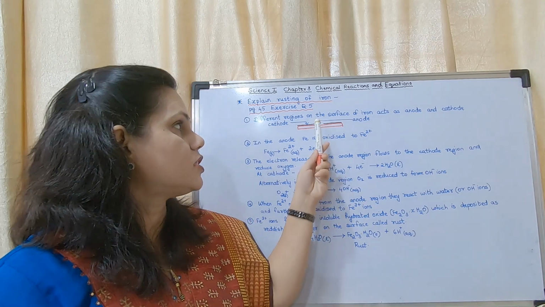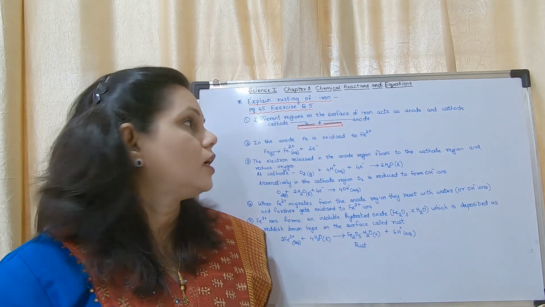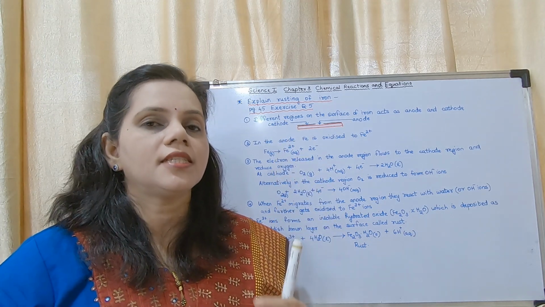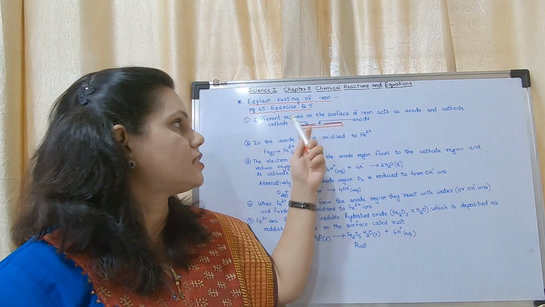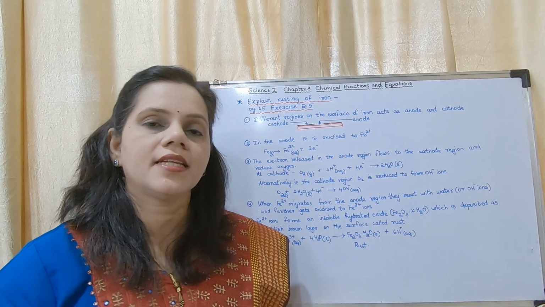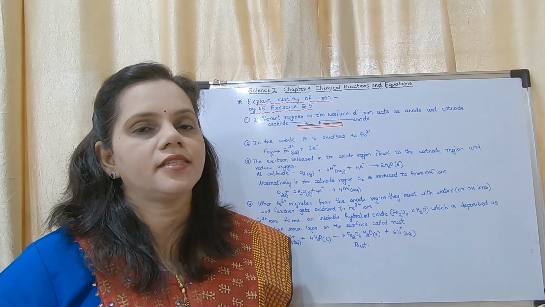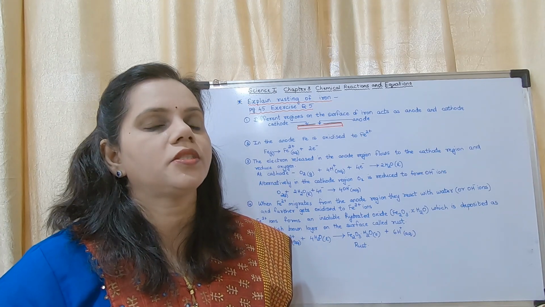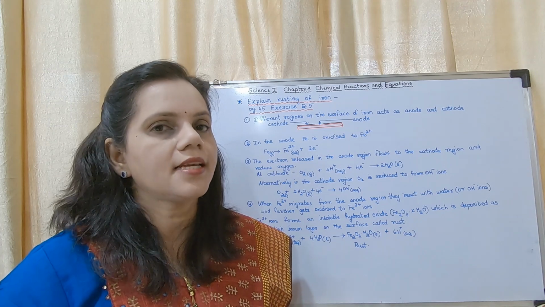The open regions will act as anode and the closed regions could act as cathode. So it is not strictly like that. Different regions on the surface of iron act as anode and cathode, especially the open regions act as anode.